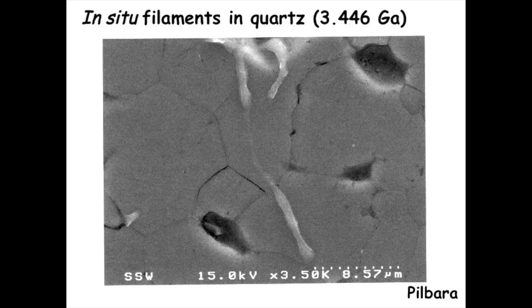So just quickly some images. In this particular image, we have from the Pilbara a rock that's 3.44 billion years old. You can see it's an image of a thin section in backscatter, and you can see the quartz crystals.